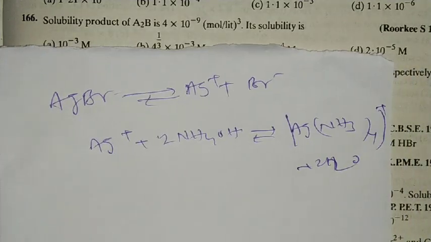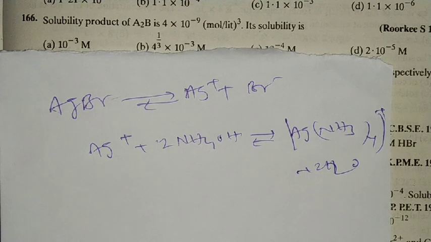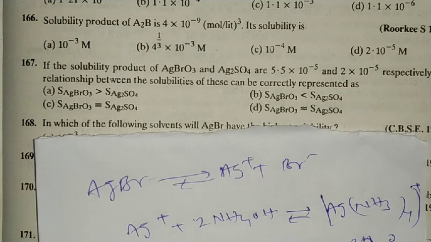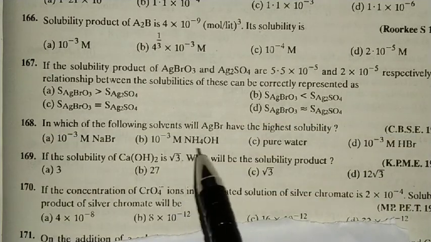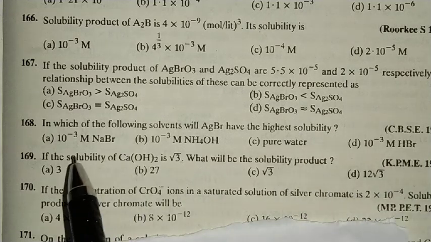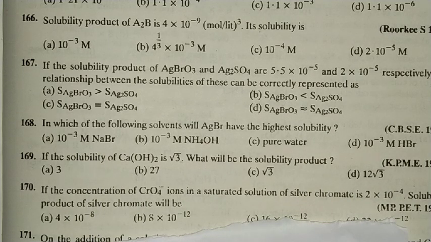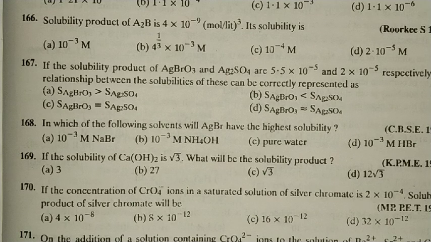In the case where a complex compound is formed, solubility is more. That is why our option is 10^-3 M NH4OH. The remaining cases are pure water, and the others contain the common ion. Is it clear? Right.